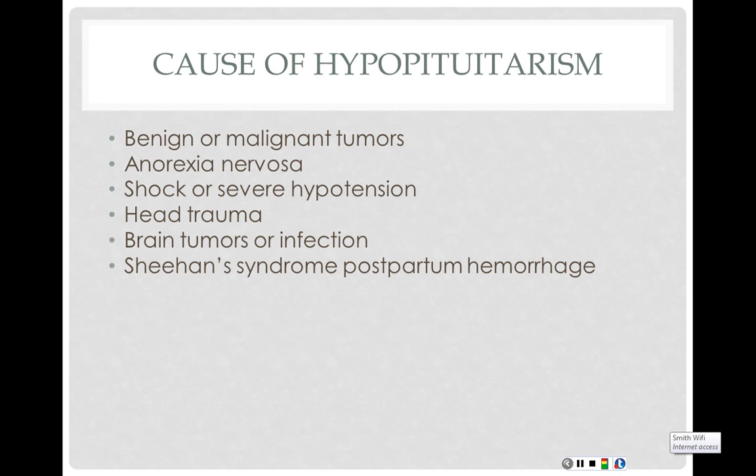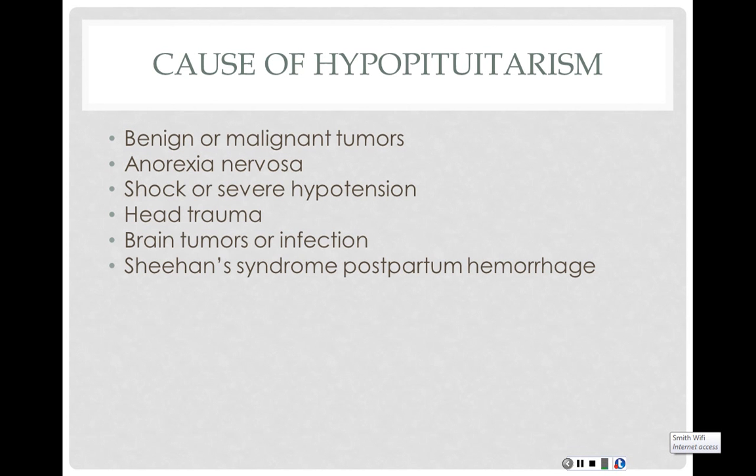Sheehan syndrome is also known as Simmonds syndrome, or it's also referred to as postpartum hypopituitarism. With this, the person develops necrosis of the pituitary gland after pregnancy.